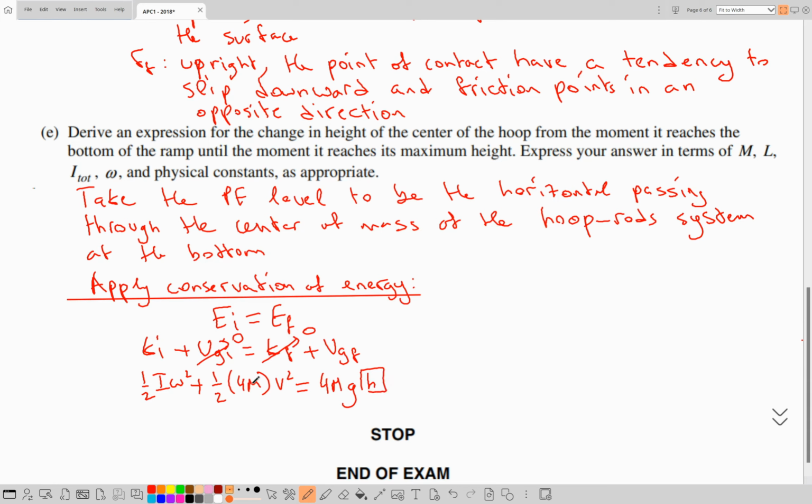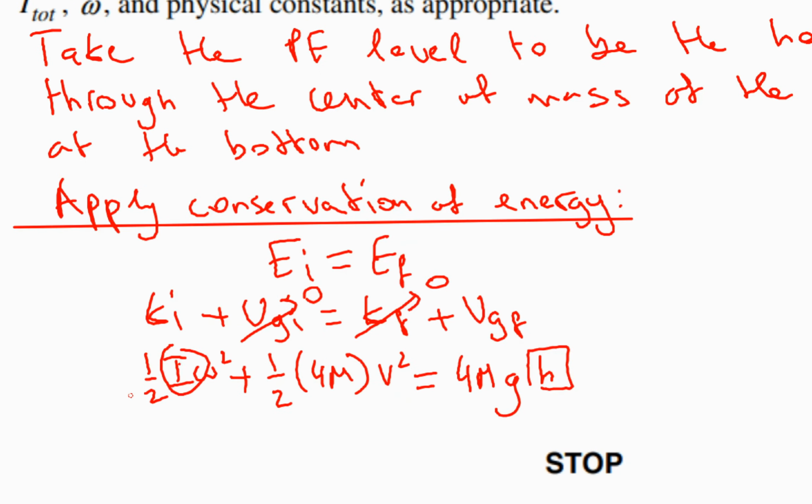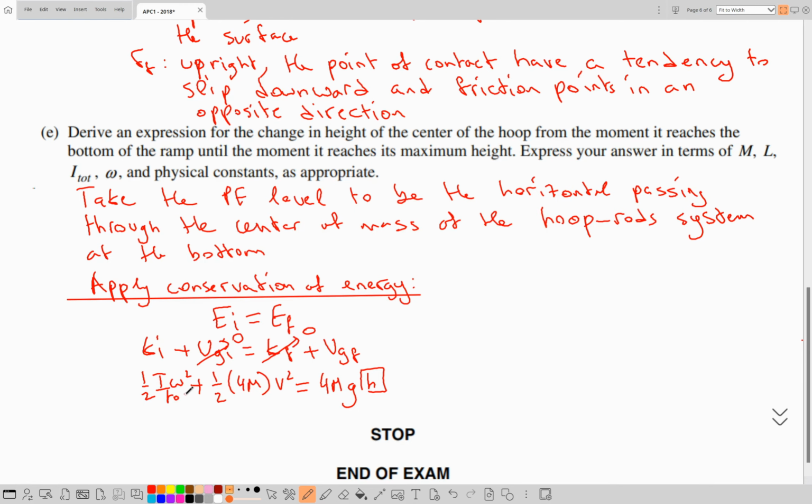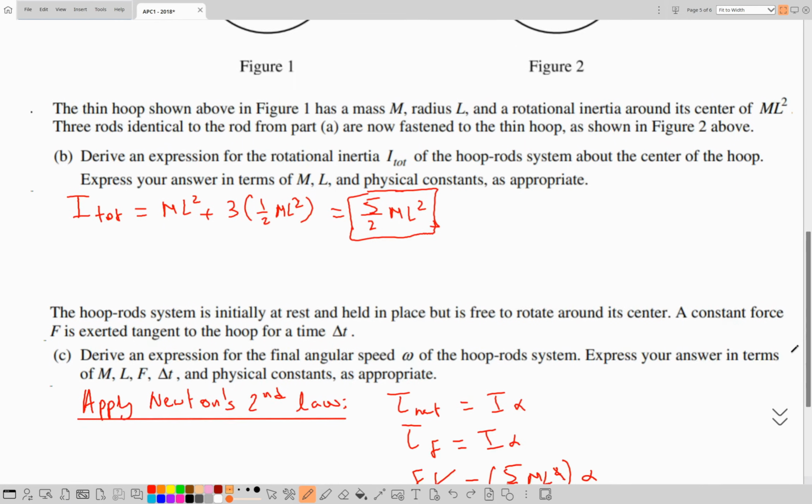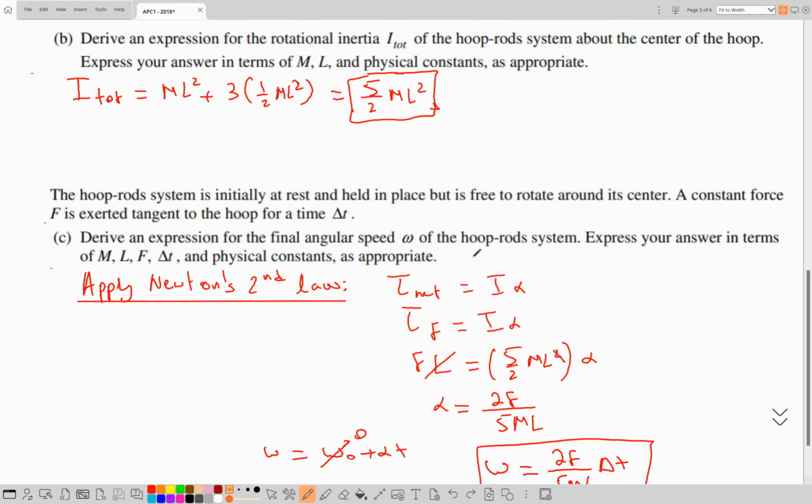Now the thing is that we're interested in determining h in terms of m, L, I total, omega, so don't try to split I, which is given by the total, because we need to express our answer in terms of I total. Unlike the previous exercise in which we split I total, this depends on the requirement of the part itself.